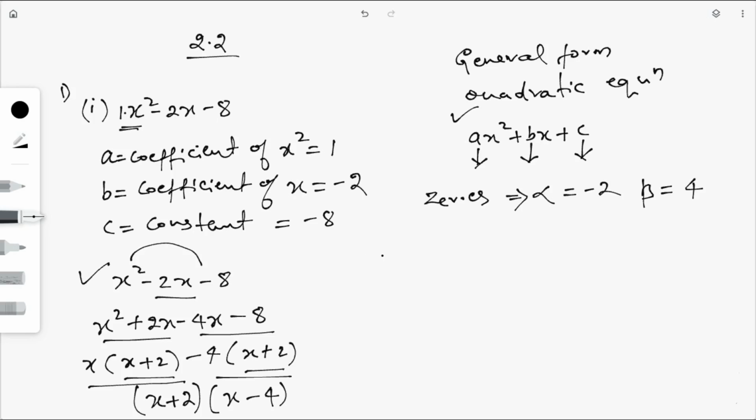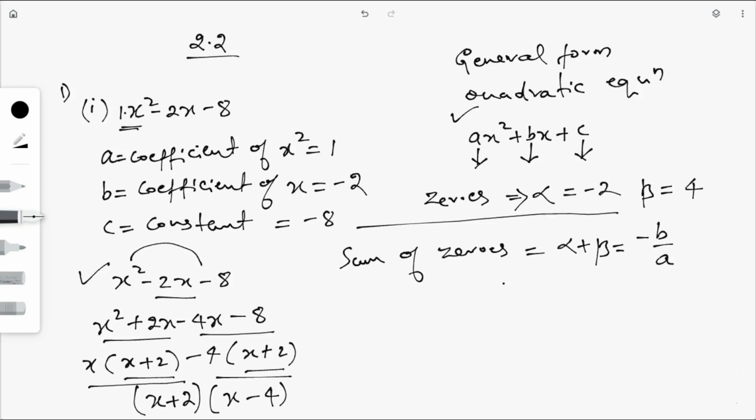Okay, so what exactly we need to verify here is, you need to remember this: sum of zeros, that is alpha plus beta, is equal to minus b by a.